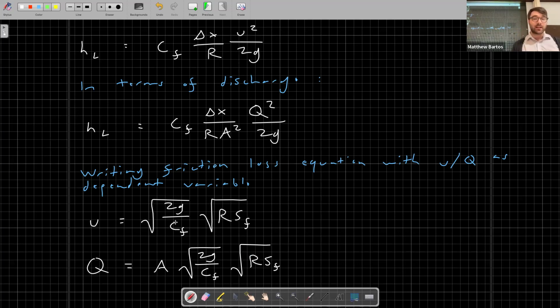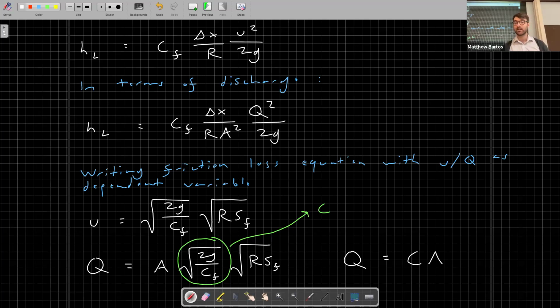So what we can do again is take this entire term here and group this together into some coefficient C. And if we do that, we end up with this general form for the discharge. We get that the discharge is equal to this coefficient C times cross-sectional area times the square root of hydraulic radius times the friction slope.